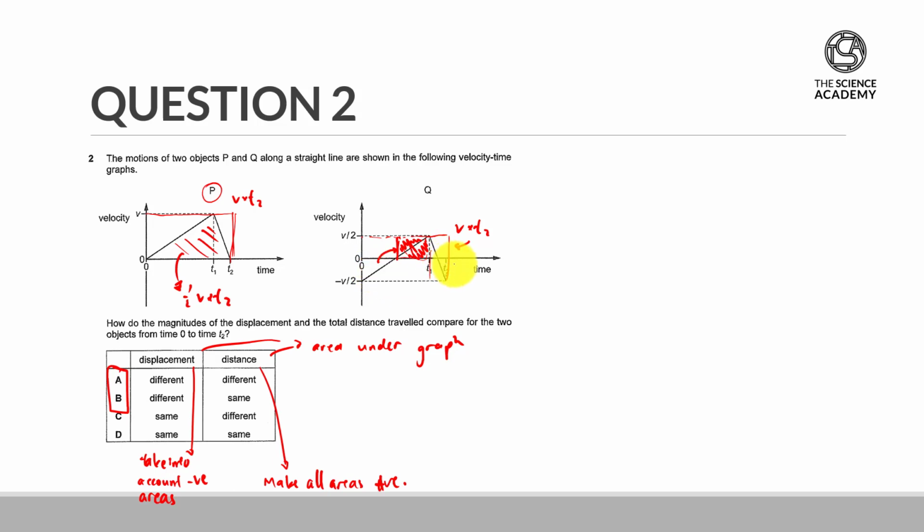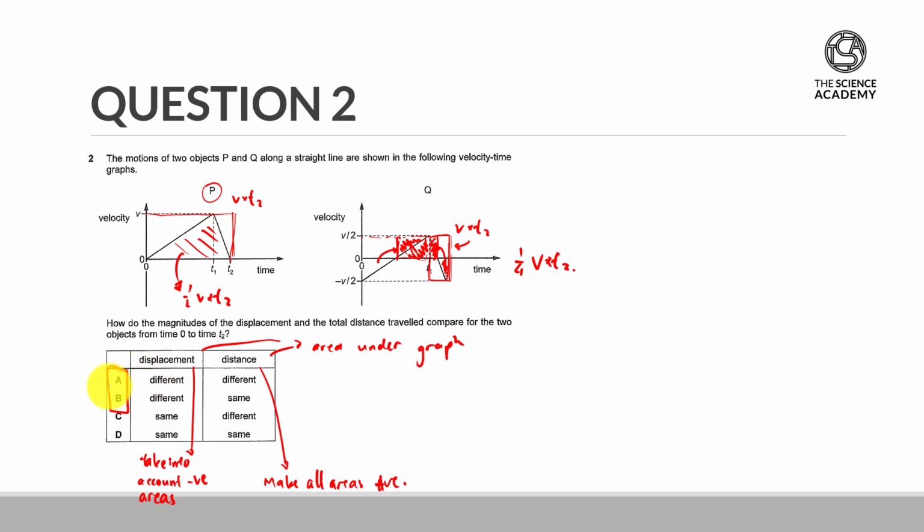Now, we can do the same thing for this rectangle as well. So for this region, we can put it over here, and we also have 1/4 of this rectangle. So at the end of the day, the total distance traveled by Q is going to be 1/4 that of V times T2.